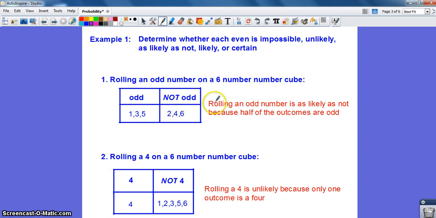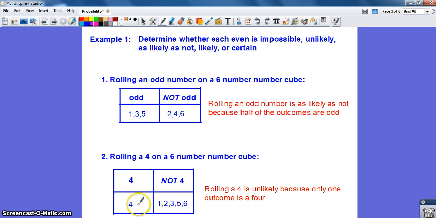So we know that rolling an odd number is as likely as not rolling an odd number because half of the outcomes are odd. If we go down to number 2, I want to know whether it's impossible, unlikely, or as likely as not to roll a 4 on a 6-number cube. The only way that I can roll a 4 is if it lands on the 4.